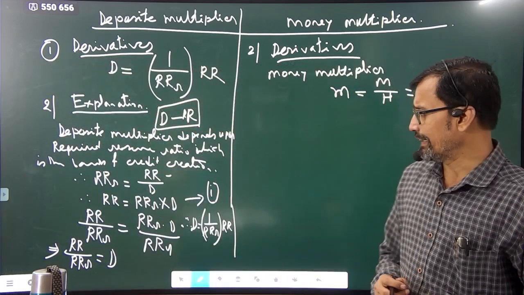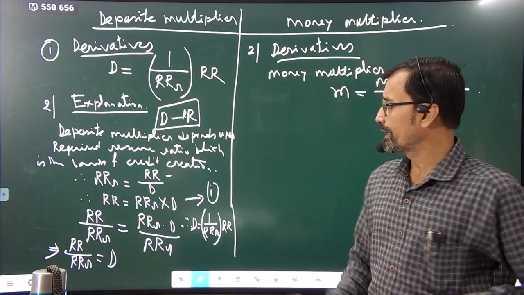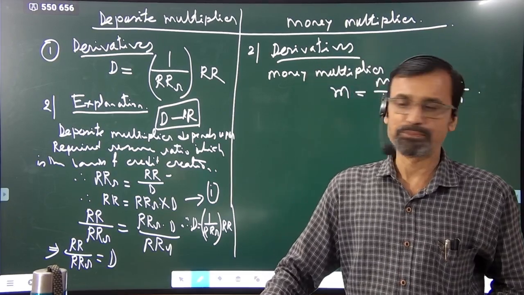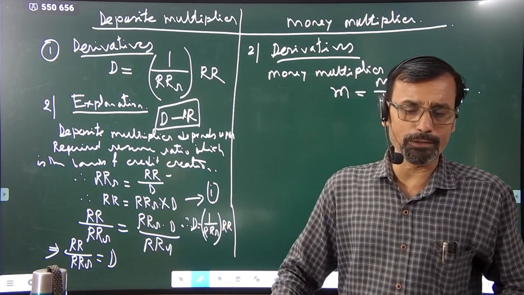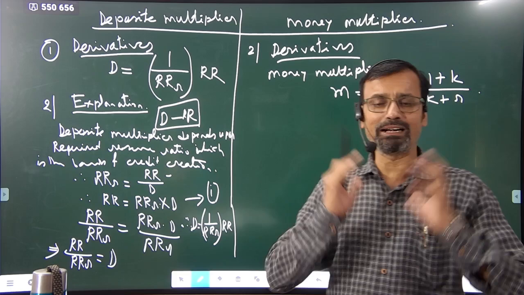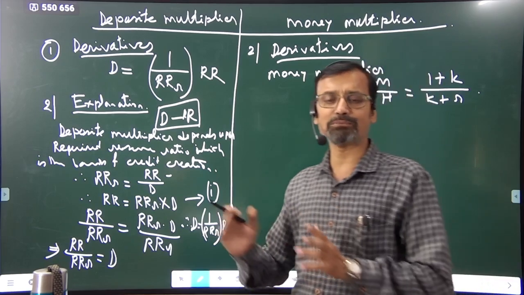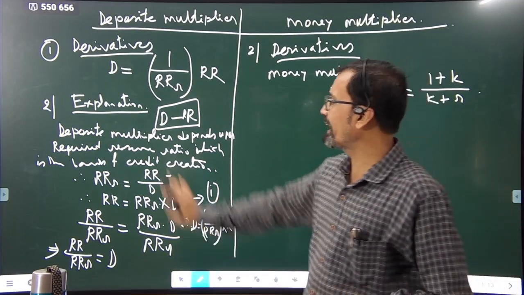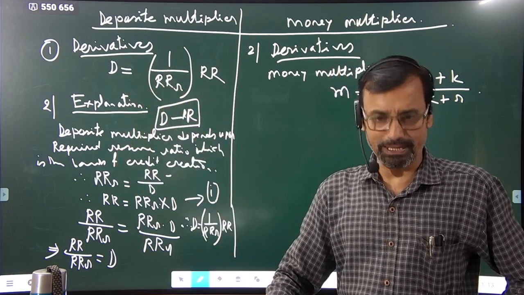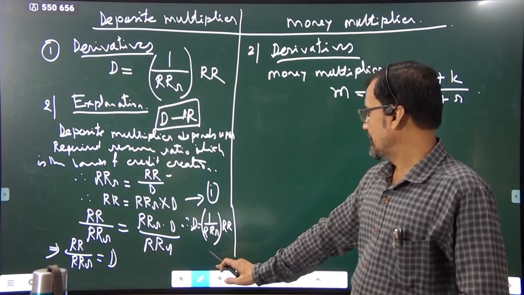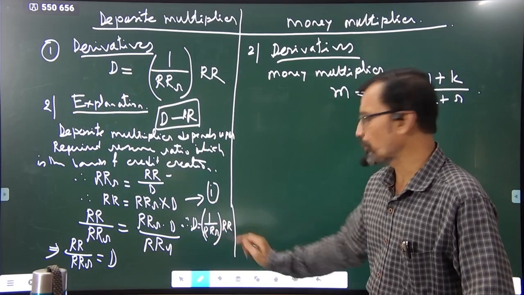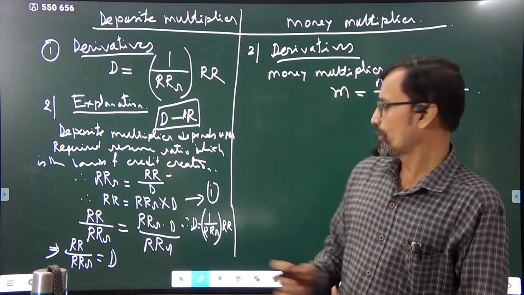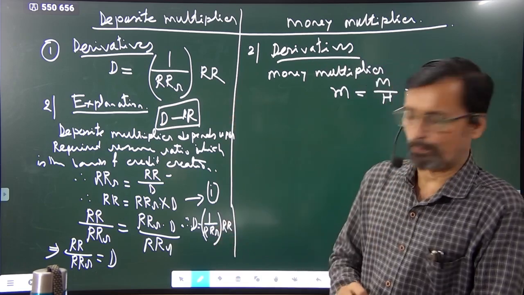So very interestingly, the credit creation capacity of the commercial bank will increase when this reserve ratio is small, and we will get a higher multiplier value, then the credit creation of the commercial bank obviously will be higher. This is the funda in respect of the deposit multiplier. Now this 1 by RR portion basically indicates the deposit multiplier value.